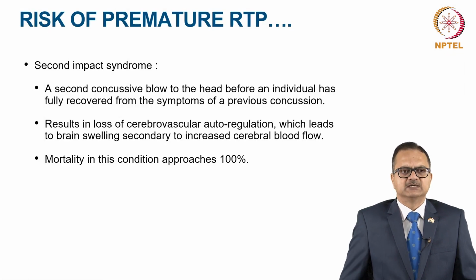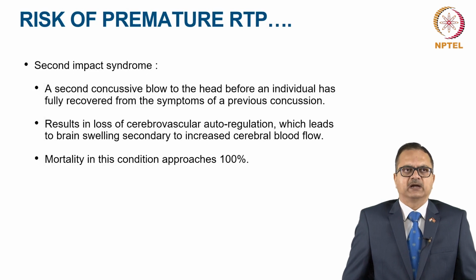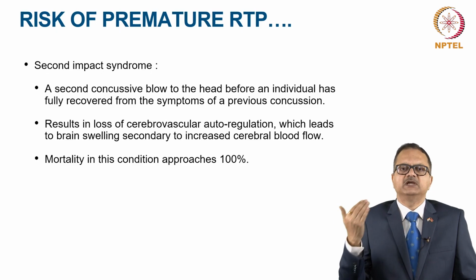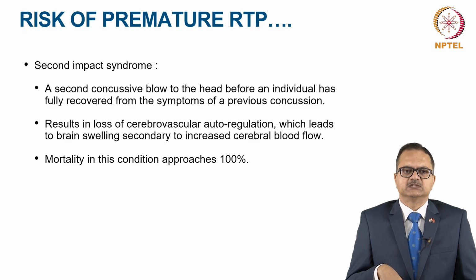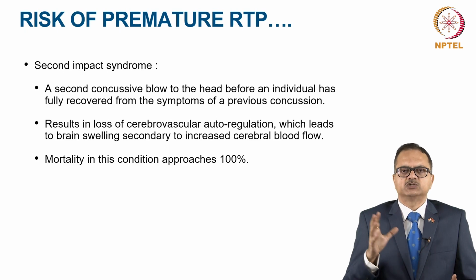There is also a syndrome called second impact syndrome. If the individual gets a second concussive blow to the head before he has recovered from the symptoms of a previous concussion, there will be loss of cerebrovascular autoregulation, which causes the brain to swell up due to increased cerebral blood flow.